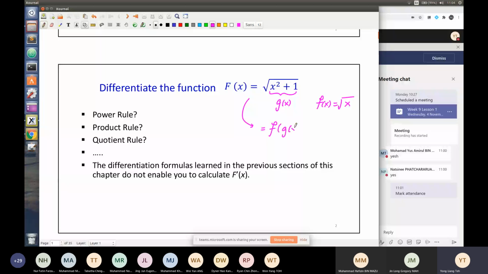This can be cast into a composite function form, so we need to use the chain rule here. Whenever we encounter such functions, and it is not possible to expand out this square root into simpler functions, the chain rule is required.